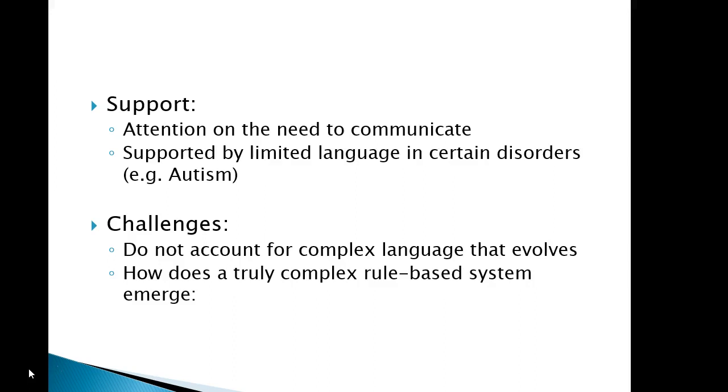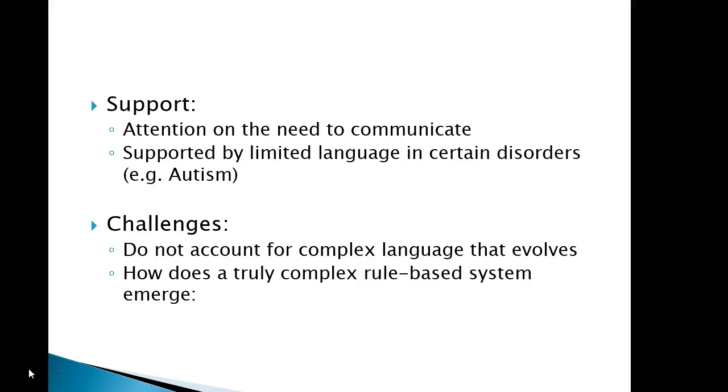And so support for this theory would be, certainly we do see a lot of attention on the need to communicate, and we know that we're biologically driven and created to want to be social beings. It's one of the things that is inherent in our human system.